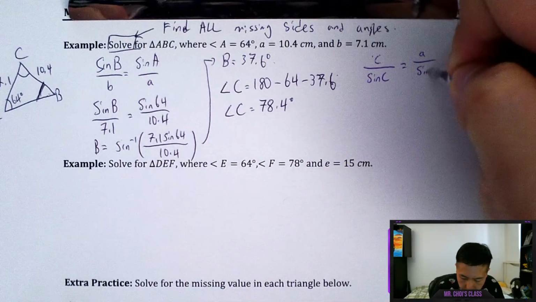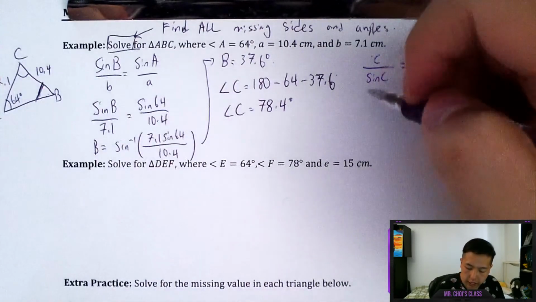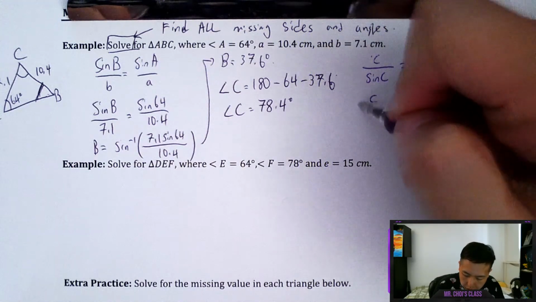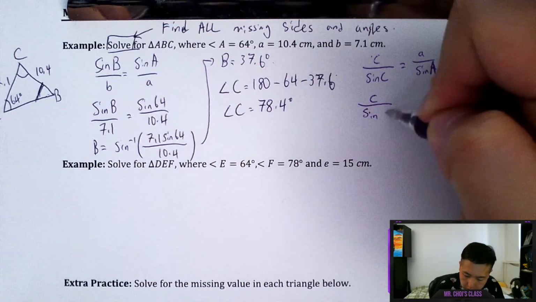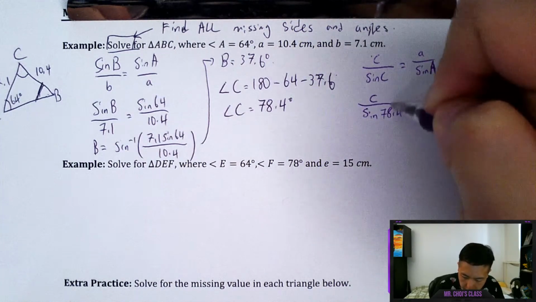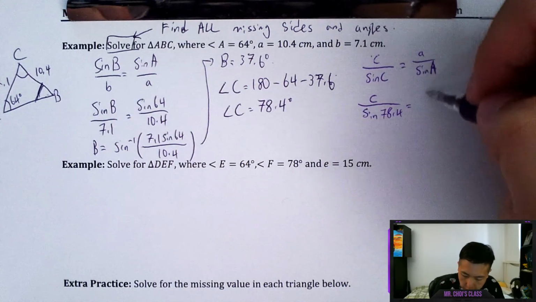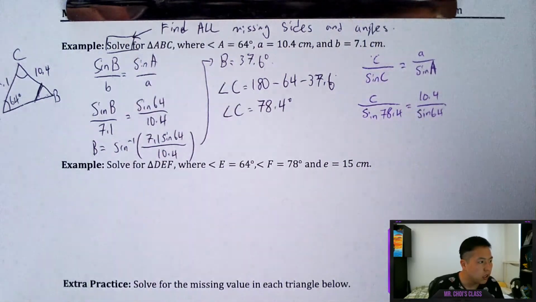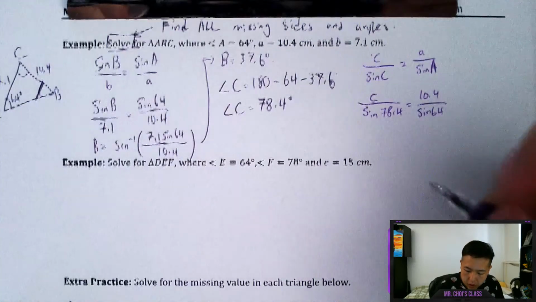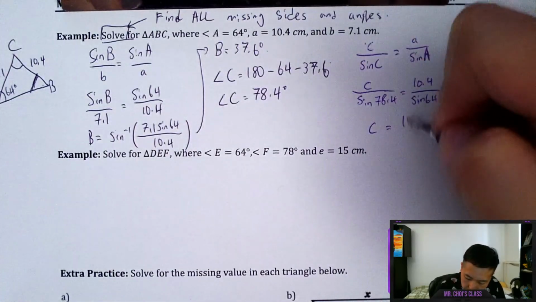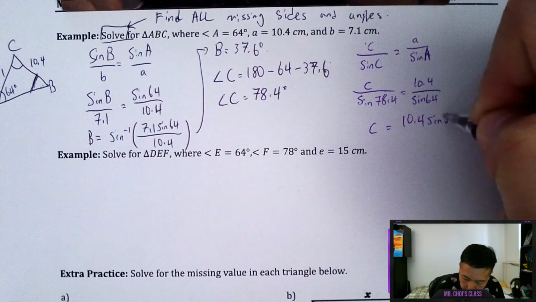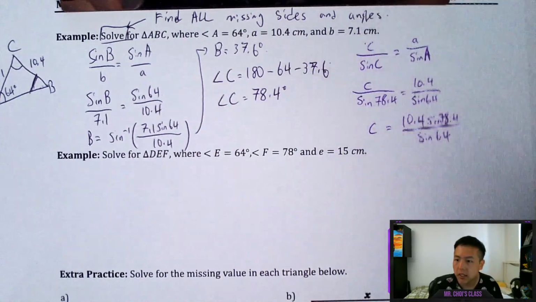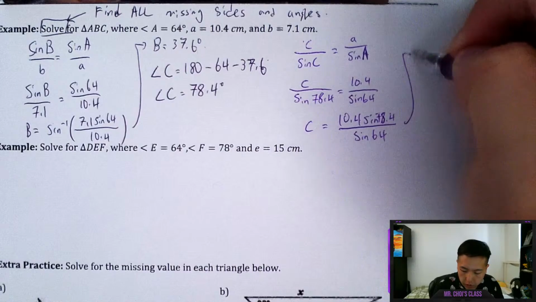So we're going to do a over sine A, and plugging that in, we get side c, which we don't know, over sine of 78.4 is equal to a, which is 10.4, over sine 64. So we have that there. Moving things around, we get 10.4 sine of 78.4 all over sine 64. And plugging that in our calculator will give us our final value.